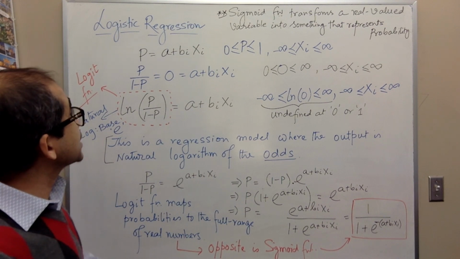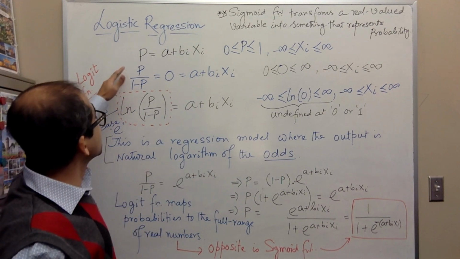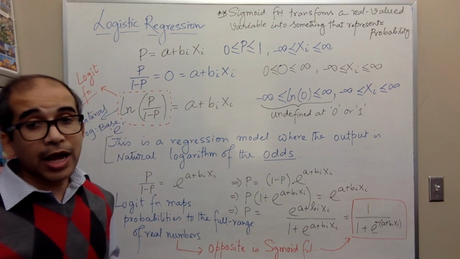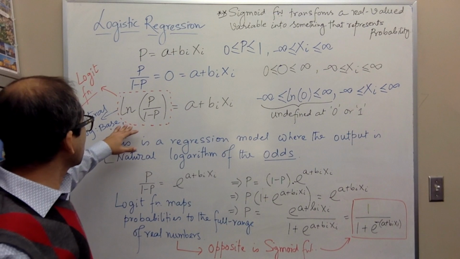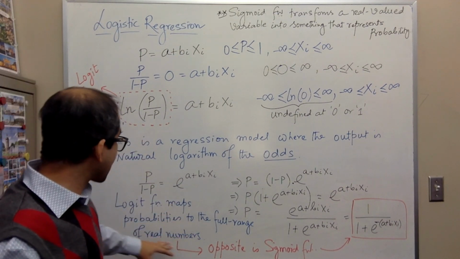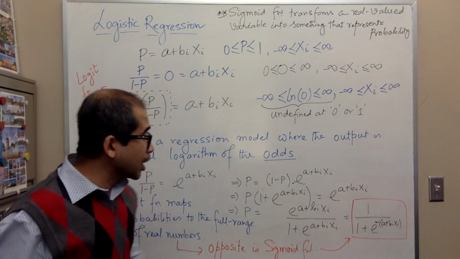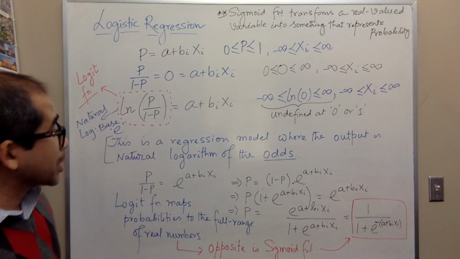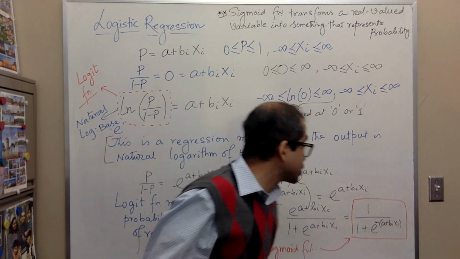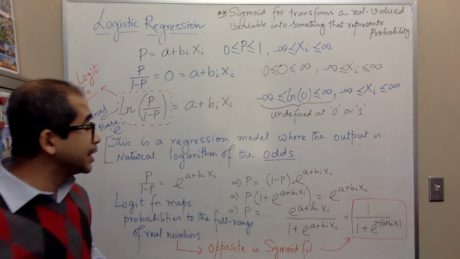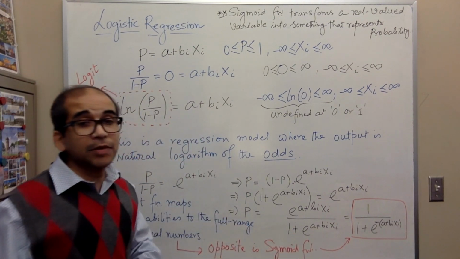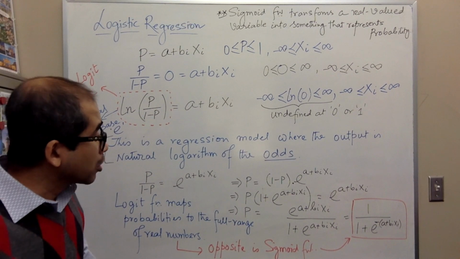But p directly does not make sense, so we replace it with the odds function, take logarithm on both sides, and then use the exponent formulation to reach that equation, where whatever the value, if we know the value of a, the intercept, and b, the slope, then we can easily calculate the probability of success. That means whether it becomes 1 or things like that.